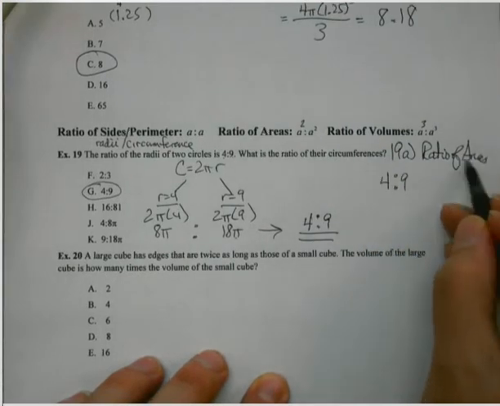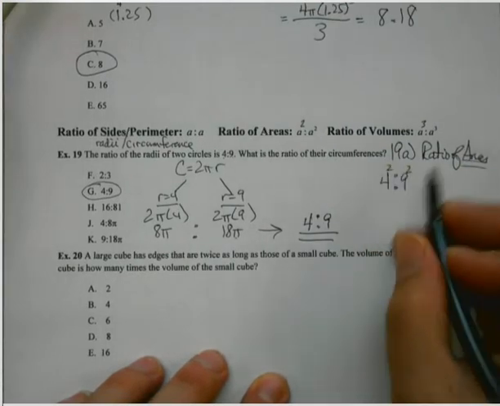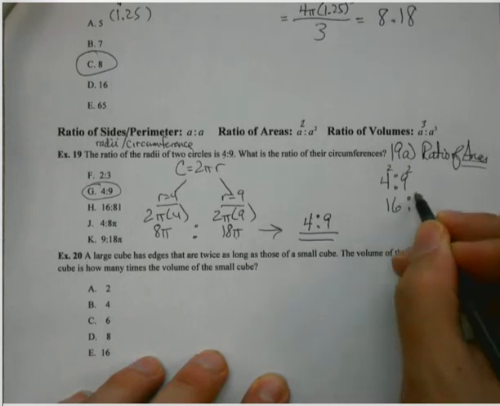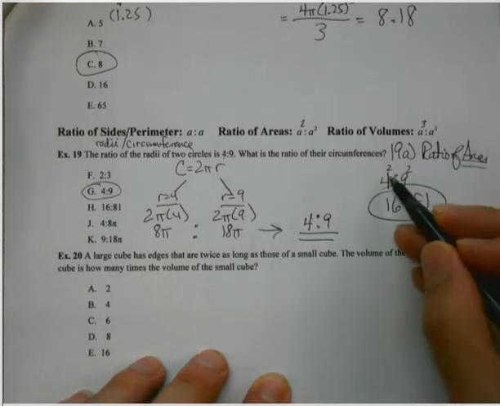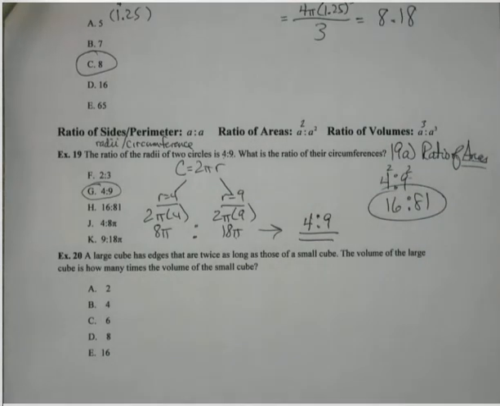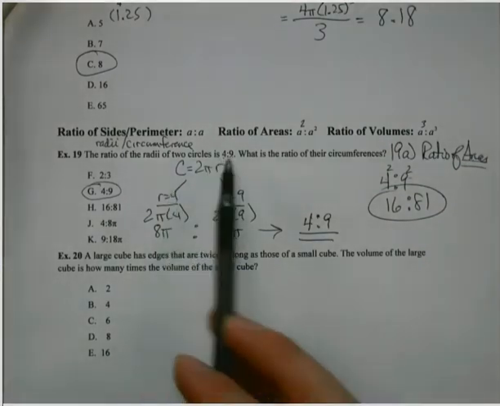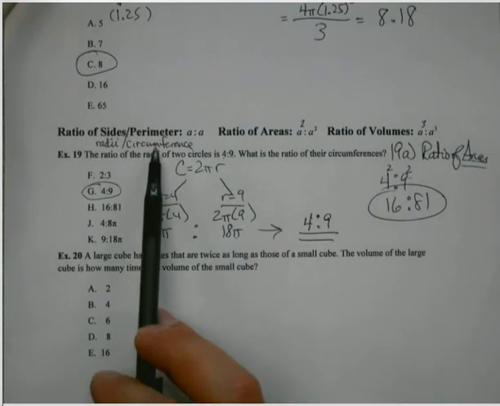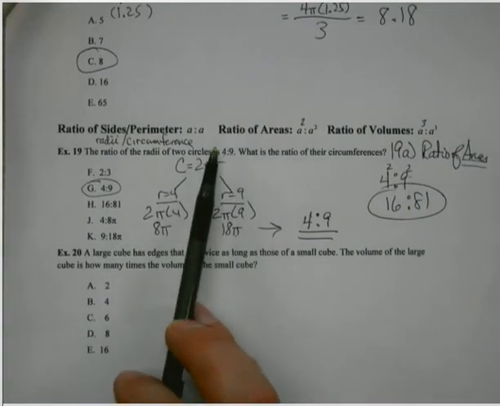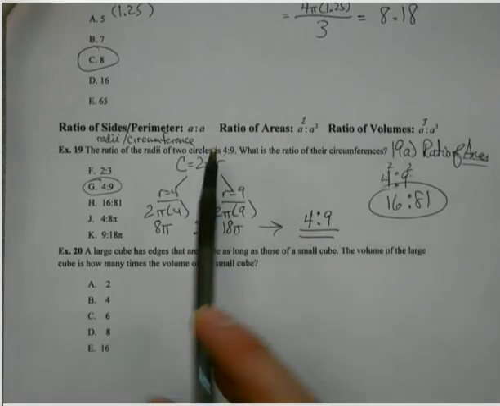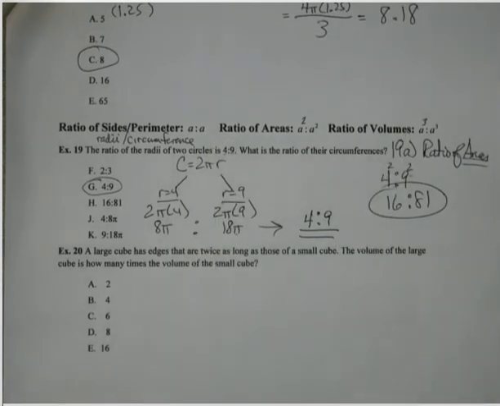But since I'm looking for areas, I square each of them. And I've got the answer. If it was volumes, I'd cube both of those and I'd have the answer. So the only thing you have to pay attention to is once you get the initial ratio, if it's perimeter or circumference, I leave it alone. If it's areas, I square both numbers. If it's volumes, I cube both numbers. And I'm good with my ratio.